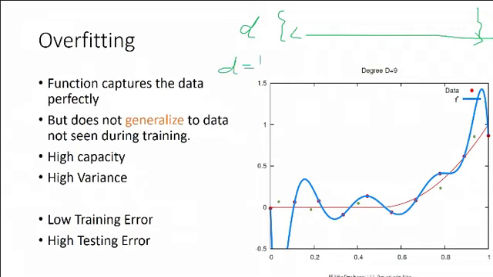If the degree is 2, I can have a quadratic function or a linear function, because in a quadratic function I can also set the W such that the high degrees are equal to 0. High degrees are not taken into consideration. By increasing my degree, I'm increasing the number of possible functions. I'm increasing my hypothesis set. So I'm increasing capacity.